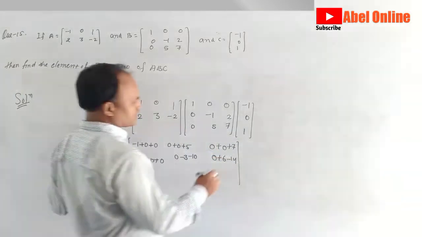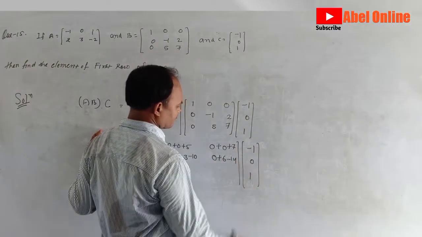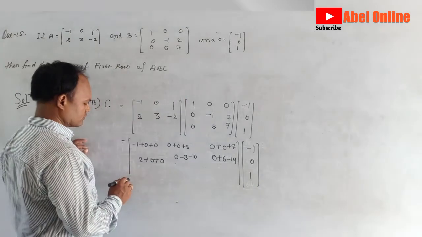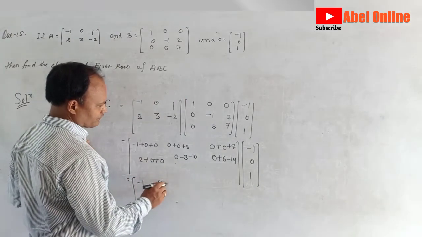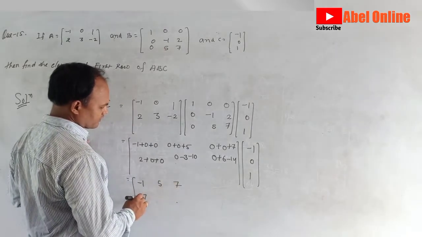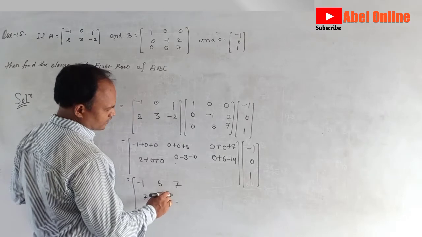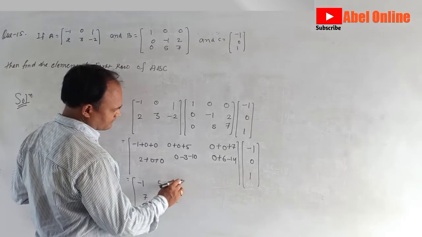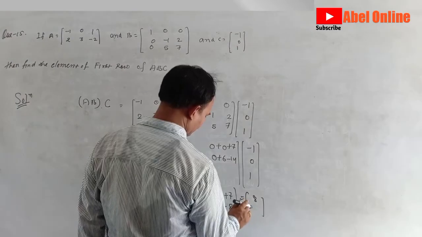And the value of C is minus 1, 0, 1, and it is the same way. We are on the process to solve this question. It is minus 1, 5, 7, 7, minus 13, and minus 8, multiplied by minus 1, 0, 1, minus 10.